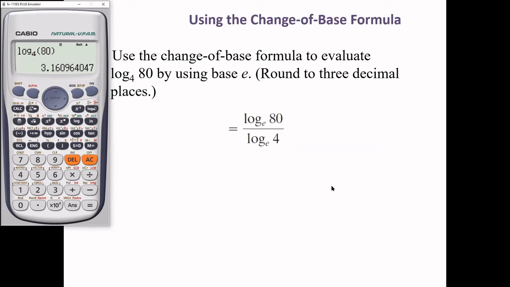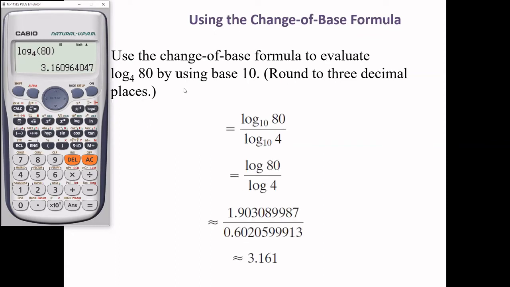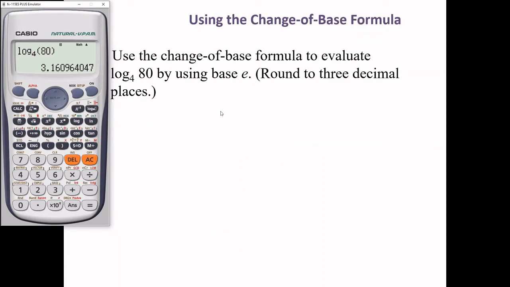Okay, let's go to another problem. What if they had said, okay, same problem as before, they said base 10, now they're saying base E, okay? Round to 3 decimal places. Well, here's the 80 and the 4, okay? Now, 2 ways we could work that.